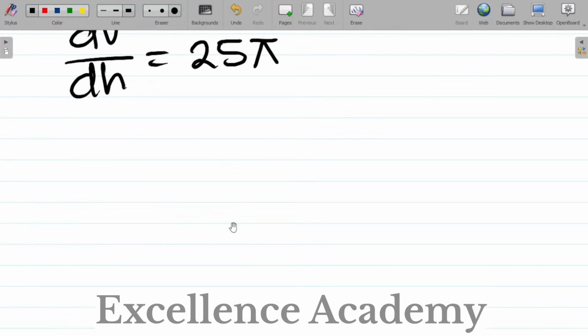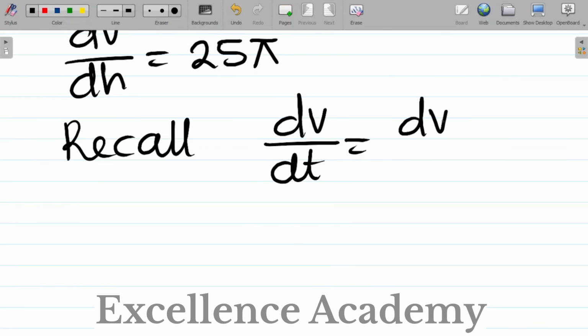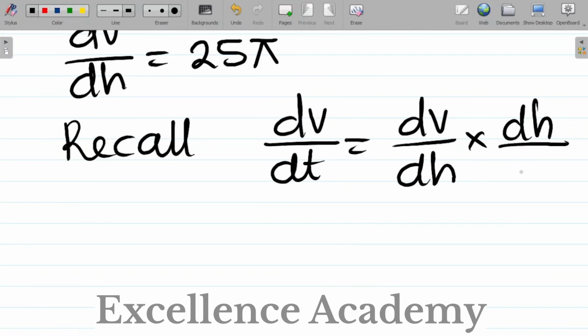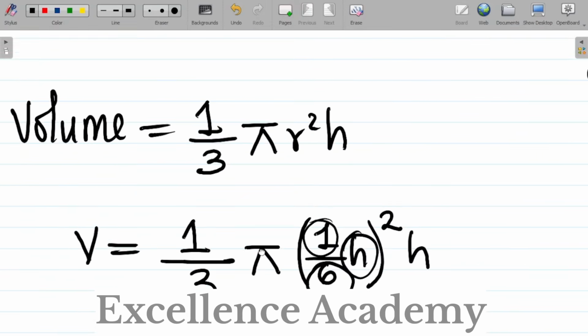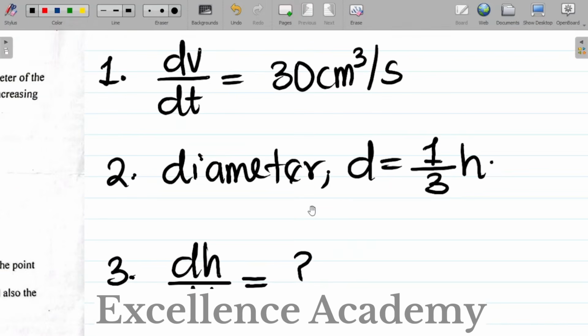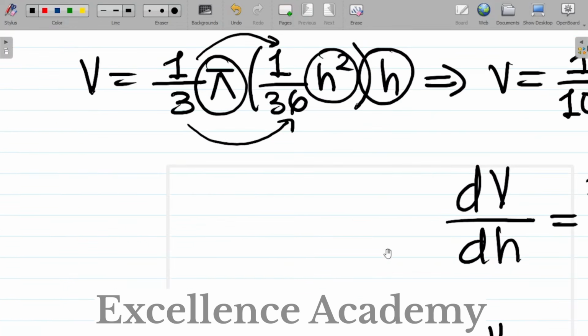Let's now use our formula. Recall that dv/dt is equal to dv/dh times dh/dt, as we established earlier. The value of dv/dt is given here as 30.